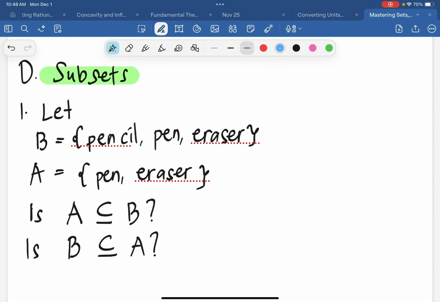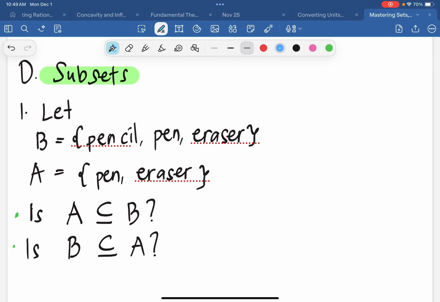Now let's have subsets practice. For number 1, let B contain pencil, pen, eraser, and let set A contain pen, eraser. Now here are the questions. Is A a subset of B?